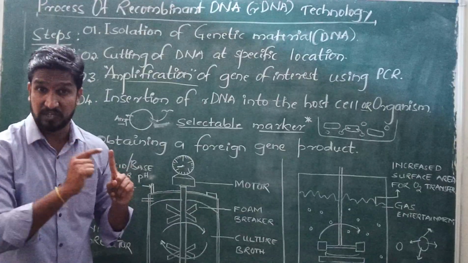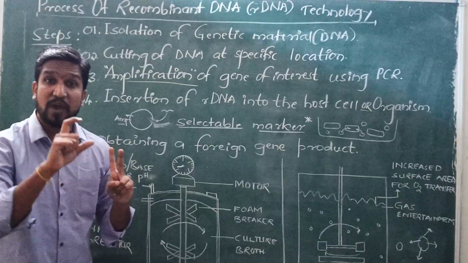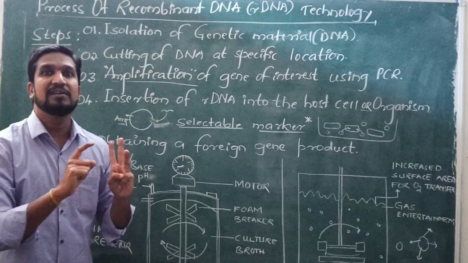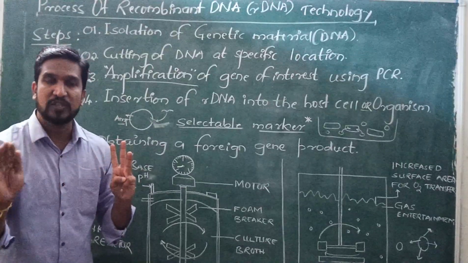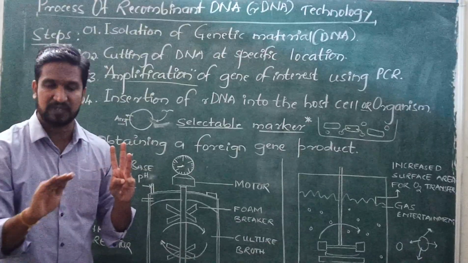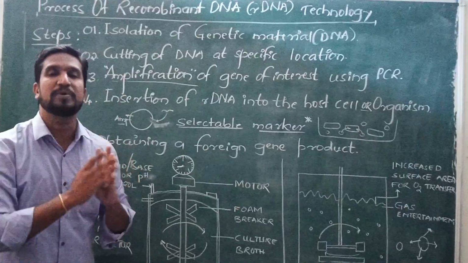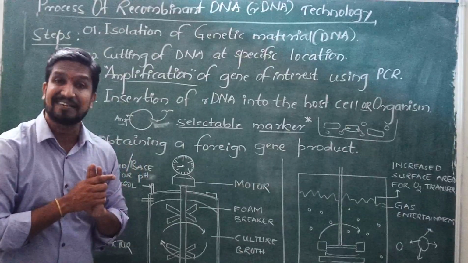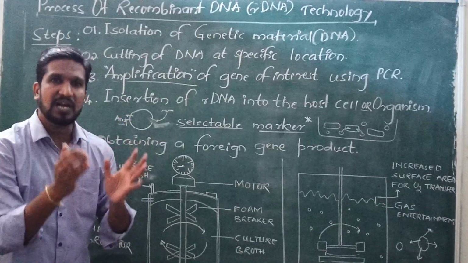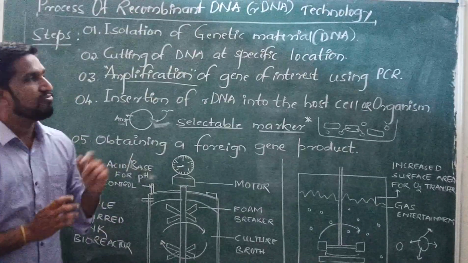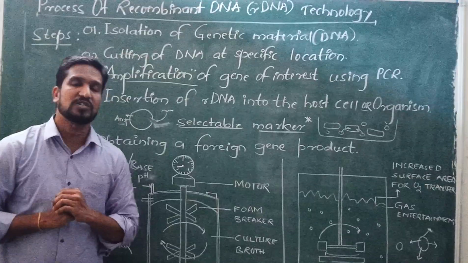Second, the quantity should be analyzed properly, and purification is done without contamination by any other substance. Then some preservatives are added before clinical trials. So these are the things to be noted under the downstreaming process.